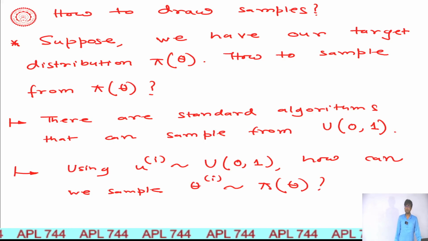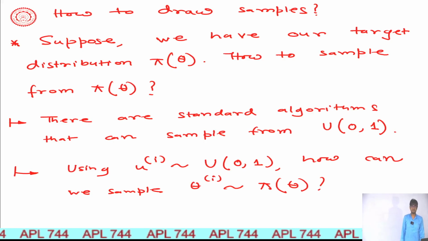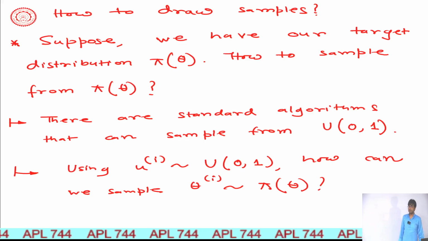Is the problem statement clear? We are not actually sampling; we are saying that we know how to sample from uniform, now how to transform it. Or in other words, we want to sample from pi of theta given we know how to sample from uniform. The solution will come later, but is it clear what we are trying to do?